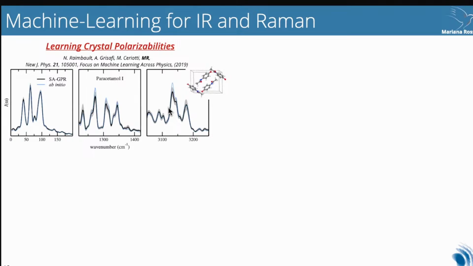This is a Gaussian process regression, but the kernels that we use are different depending on the lambda order of the piece of the polarizability tensor that we want to predict. So there's the isotropic part that transforms like lambda equals 0, and the anisotropic part that is lambda equals 2 for the polarizability tensor.